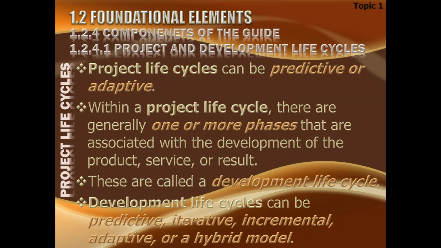This satisfies the need of the iterative and adaptive life cycle also. In Agile, you will have a development life cycle within your small little iteration. So a development life cycle can itself be predictive, iterative, incremental, adaptive, or a hybrid of anything.